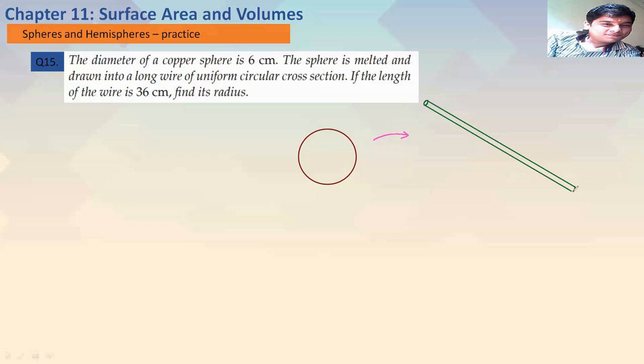What is the shape of the wire? Cone? No. Oh, cylinder. It is cylindrical. The wire is cylindrical.